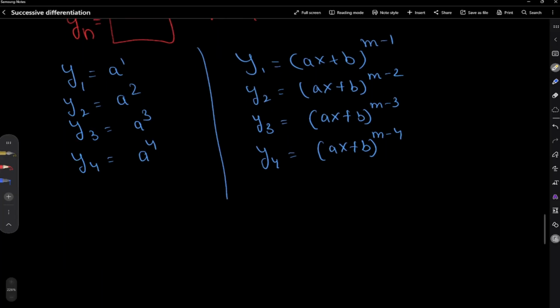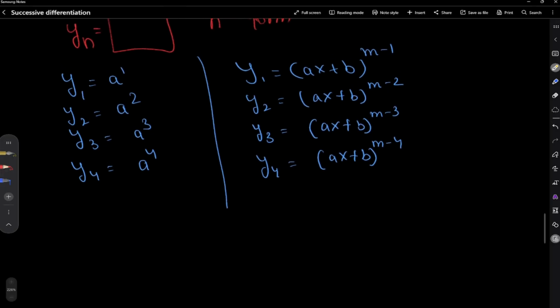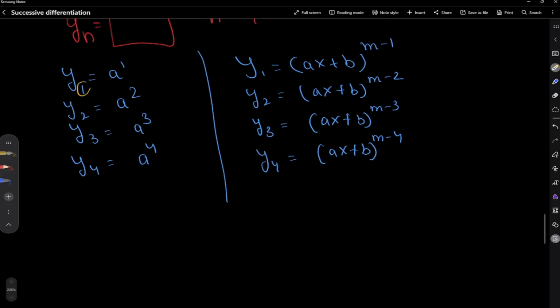Now let's see a pattern. For the first derivative it's first power. For the second derivative the power is 2, for the third it's 3, and for the fourth it's 4. So for the nth derivative I can write a raised to the power n.